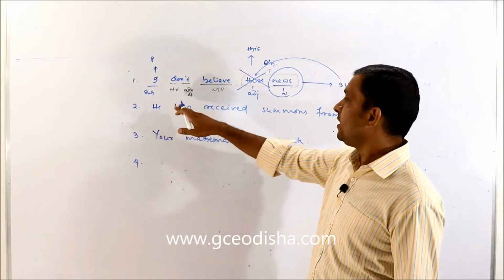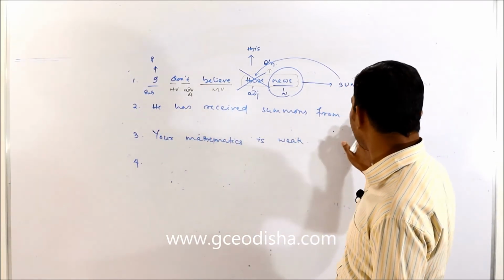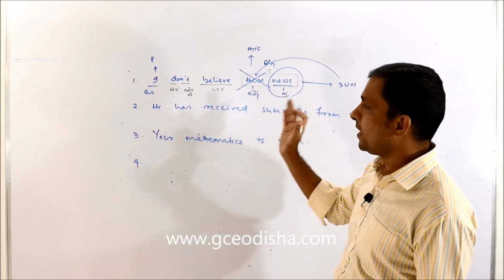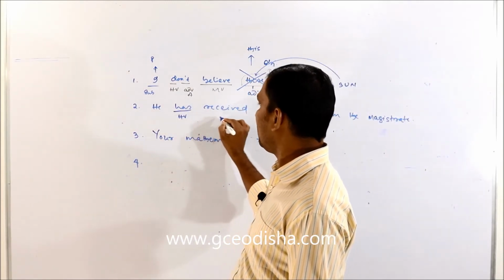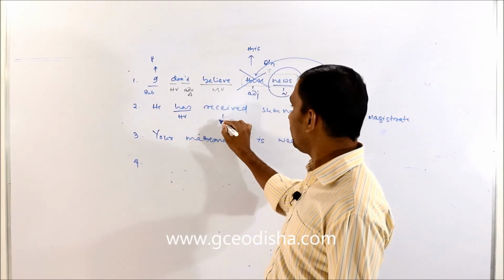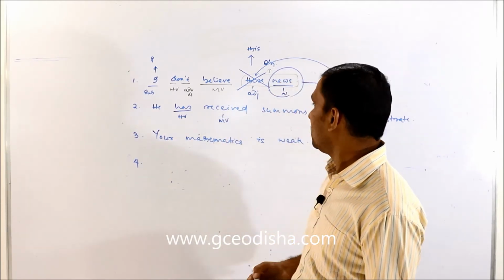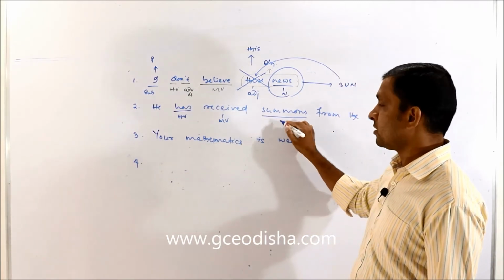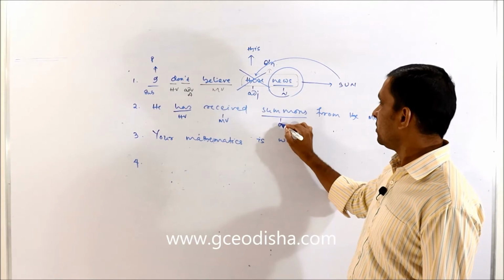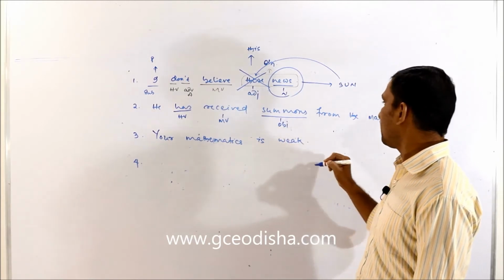Second sentence, he has received summons from the magistrate. If I again break the sentence, then here has will be the helping verb, and the main verb is received. He has received what? It is the summons. Then summons will be the object of the sentence.